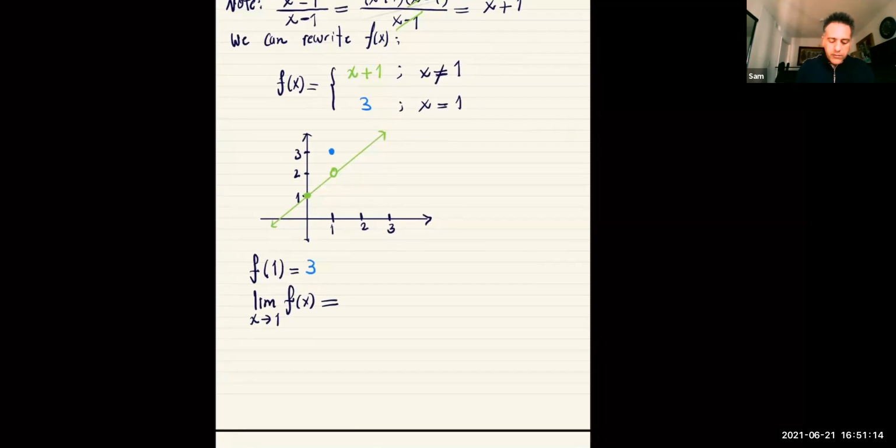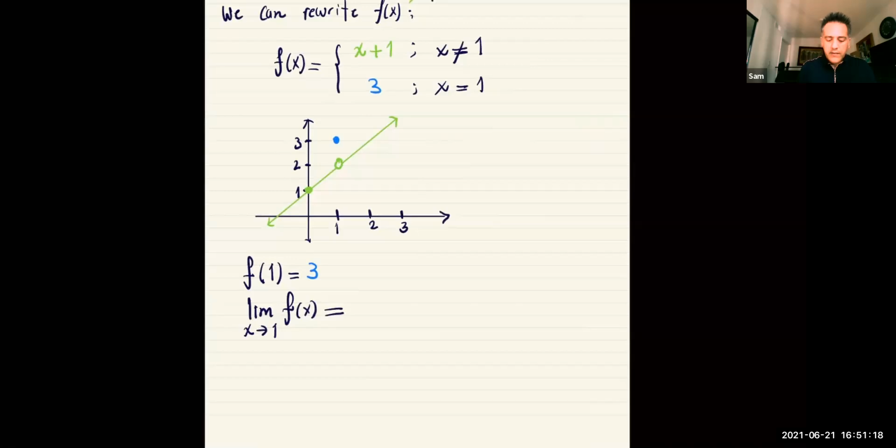But here is 1. Okay, so as x gets close to 1, now there are 2 ways that you can get close to 1. You can get close to 1 from the left or from the right. Now it doesn't really matter. As x gets close to 1, just imagine you are walking on this graph.